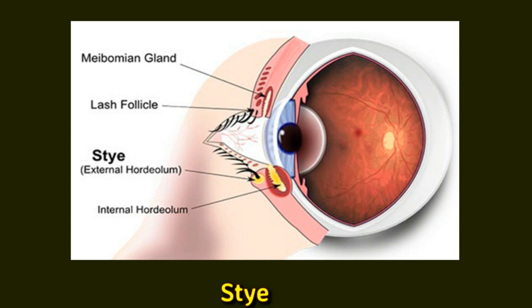A stye may appear on the eyelash line or just inside the edge of the eyelid. Symptoms include a red, painful lump, a bump that looks like a pimple or boil, soreness or scratchiness on the eyelid or eyelash area.